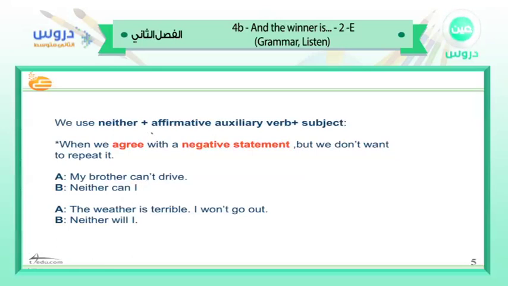Now neither. This is a structure. We use neither plus affirmative auxiliary verb plus subject, but when we agree with a negative statement, not affirmative, but we don't want to repeat it.